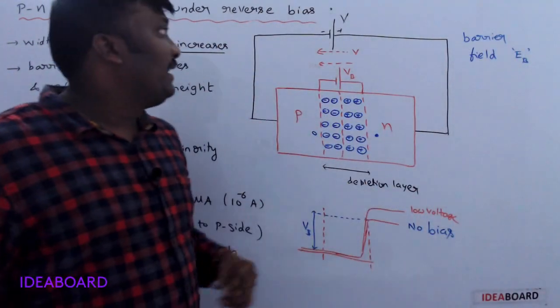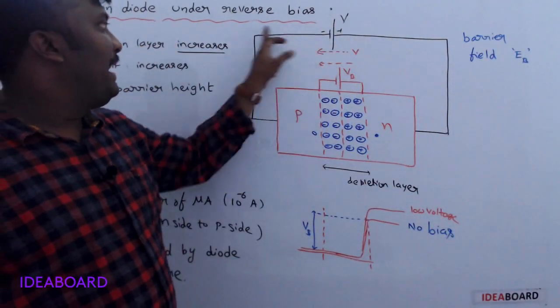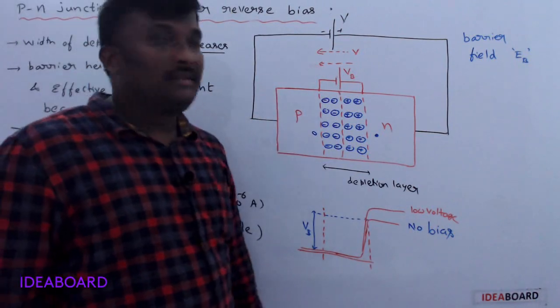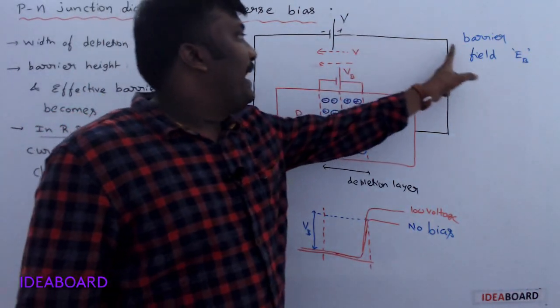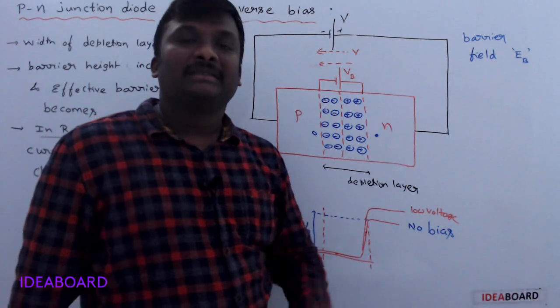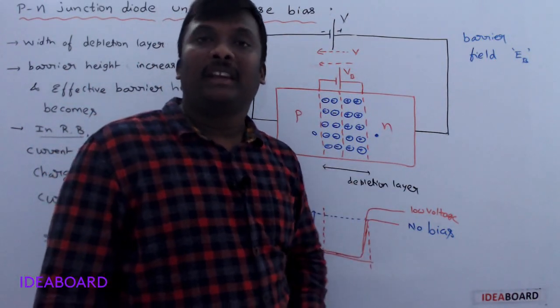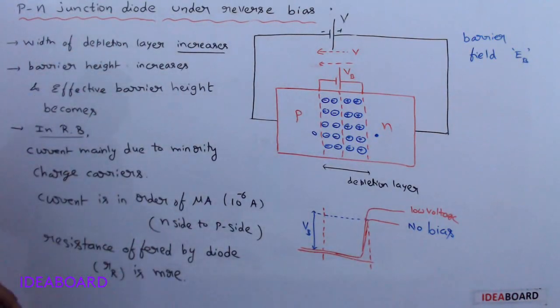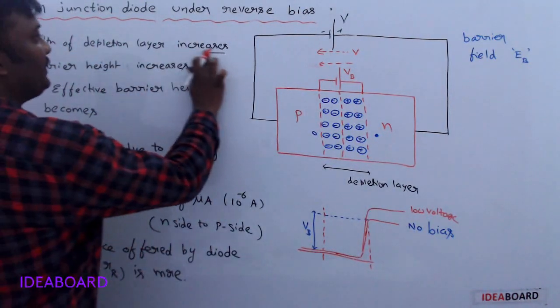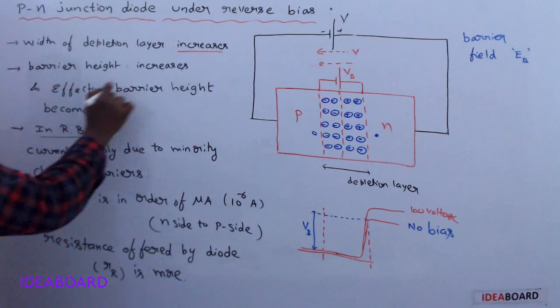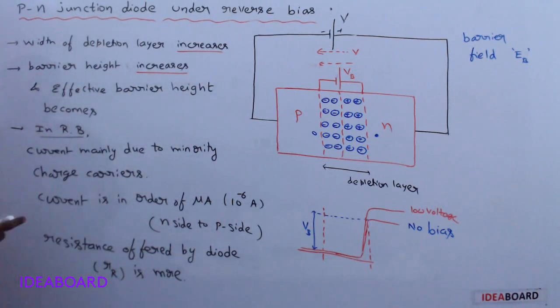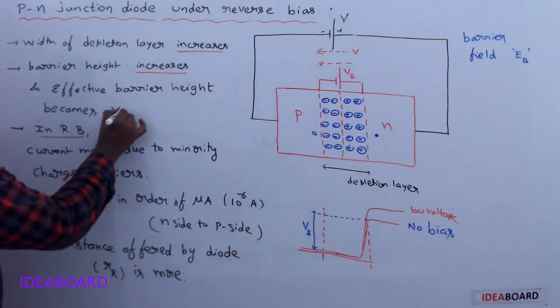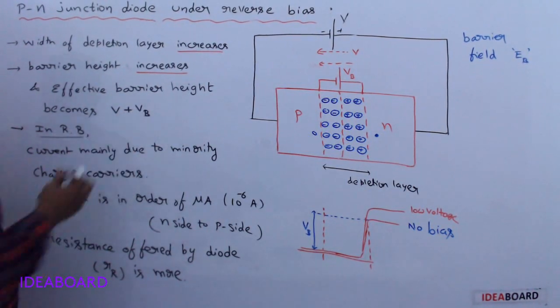Clear? What is reverse bias? The negative terminal of the battery is connected to the P side, and the positive terminal of the battery is connected to the N side. Then the diode is said to be in reverse bias. During reverse bias, what happens? The width of the depletion layer increases, the barrier height increases, and the effective barrier height becomes V plus VB.